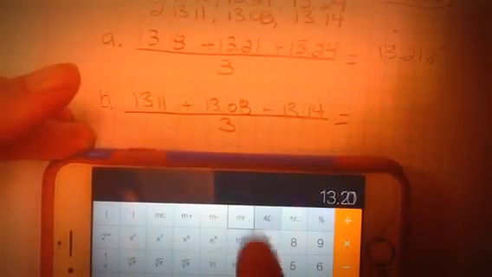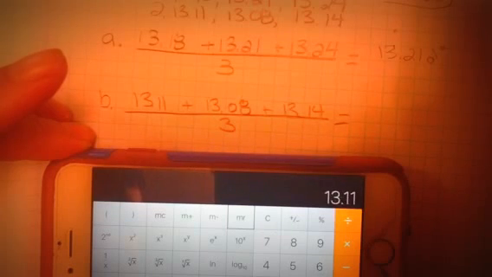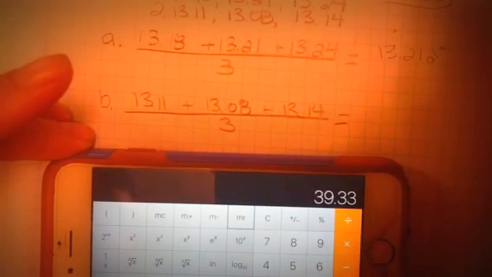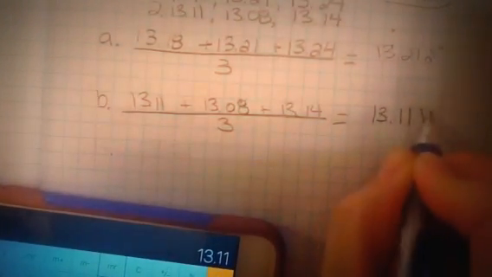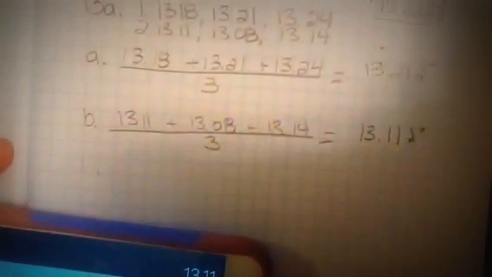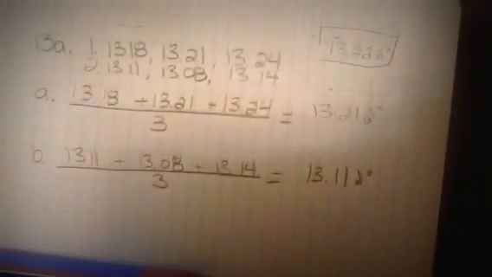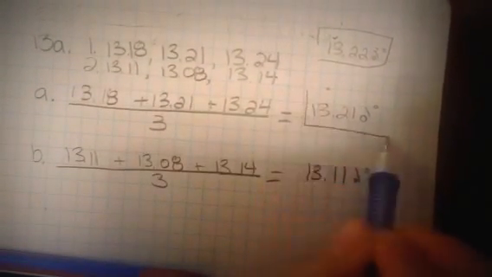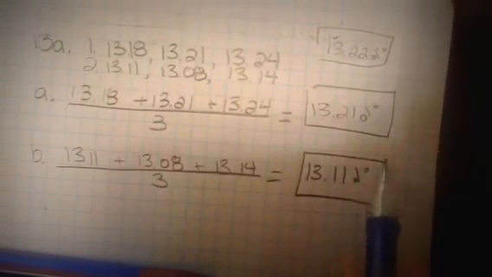So 13.11 plus 13.08 plus 13.14, hitting equal, not using parentheses, and dividing the whole thing by 3. We end up with 13.11. So this is our data set A and this is our data set B.